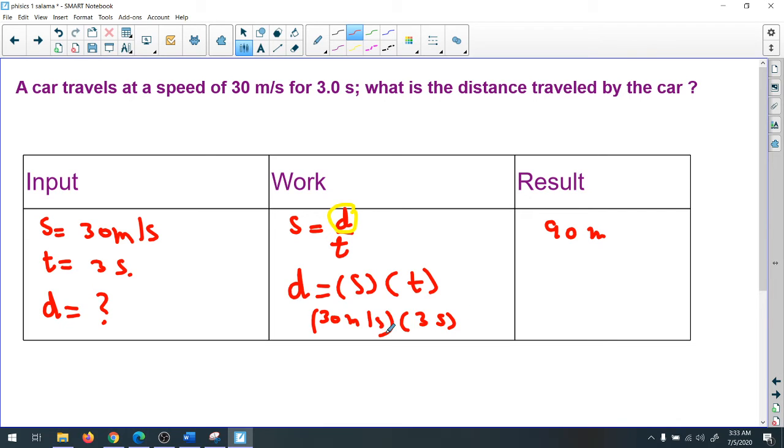You see, meters per second times seconds: per second means divided by second, times second. Second cancels second, and what's left is the unit meters, and this is the unit of the distance. So distance equals 90 meters.